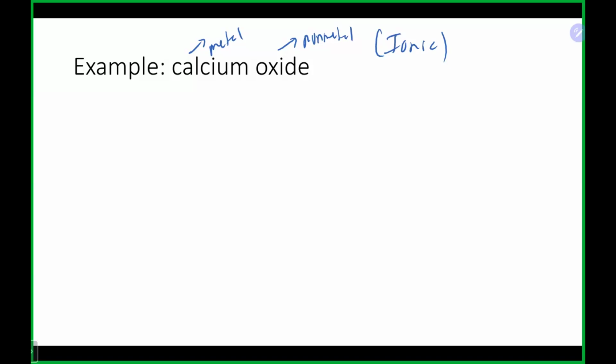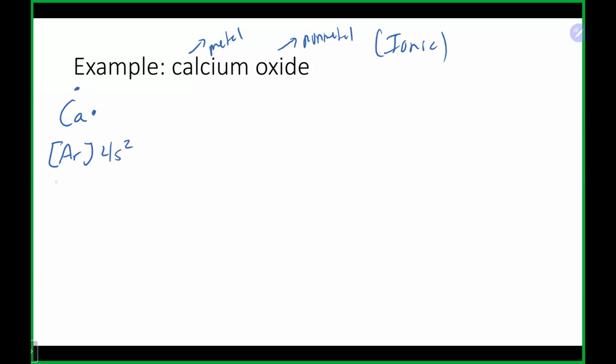Once again, if we take a look at the periodic table, calcium there is group number 2, and calcium will have 2 valence electrons in this case. And if we wrote calcium's electron configuration, it would be argon 4s2.